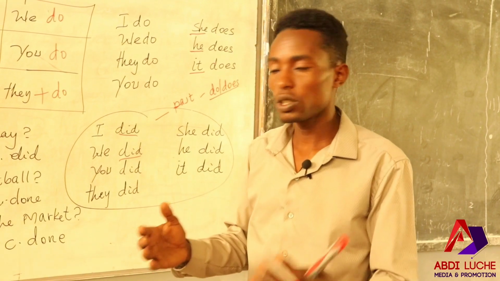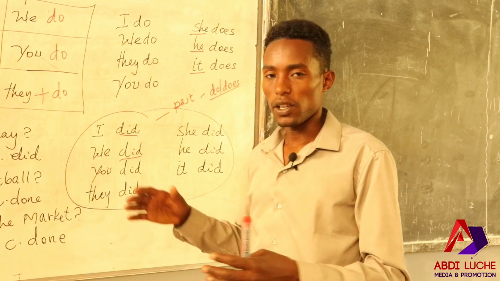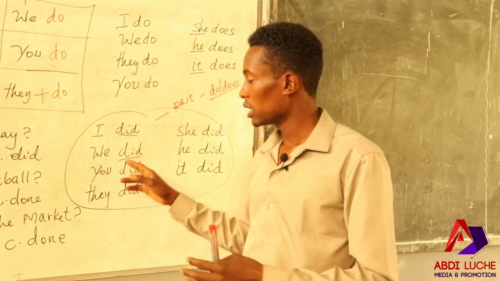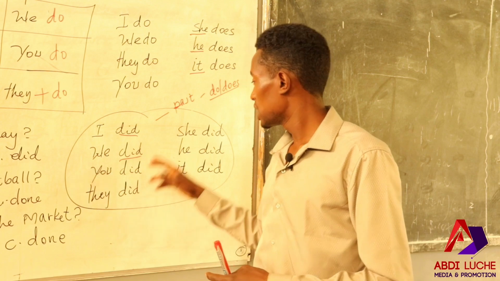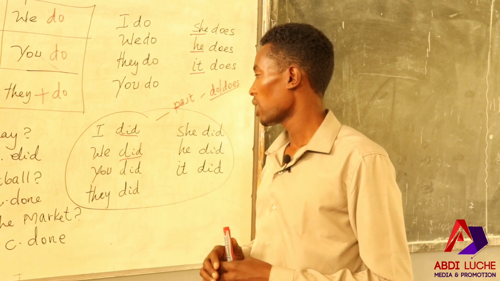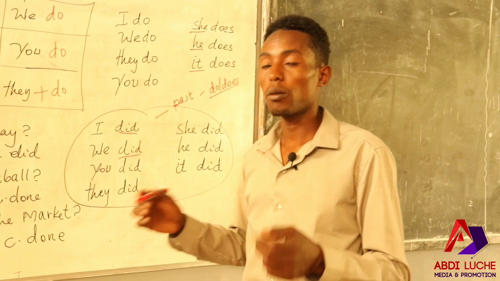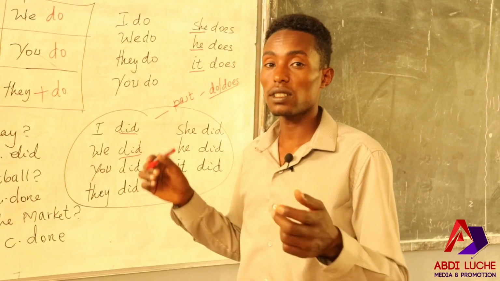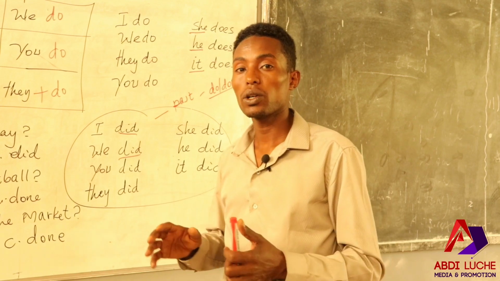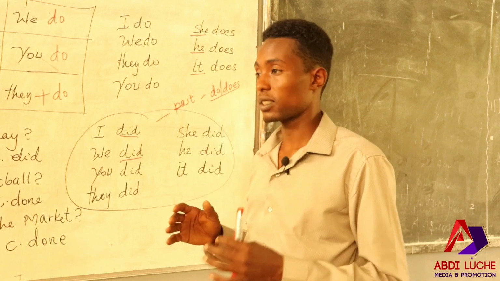So did goes with all subjects. I did, we did, you did, they did, she did, he did, and it did. I did my homework. When? In the past, yesterday. I did my homework yesterday. So did is in past tense to talk about the past.